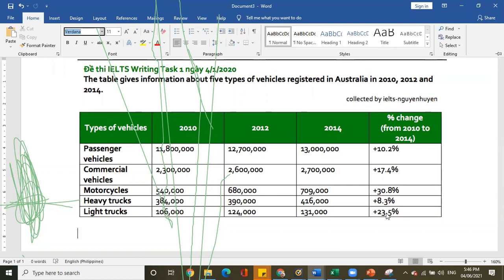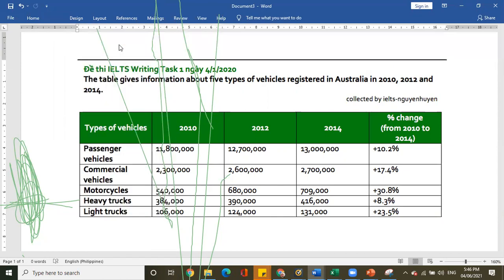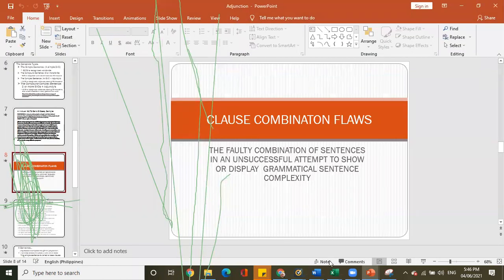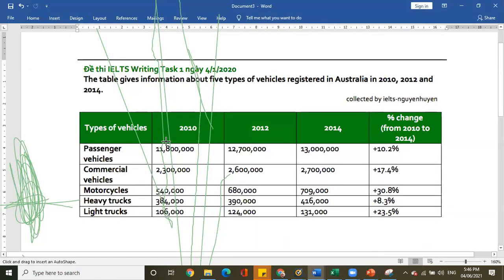So what I'm gonna do, guys, is, for example, I will discuss this one. Where are the shapes? Shapes over here. Okay, I'm gonna encircle this one, guys.